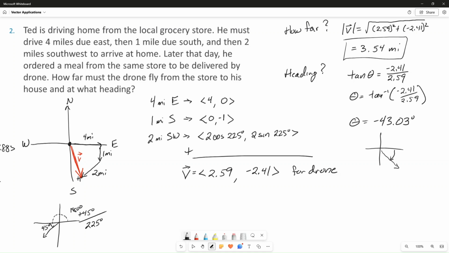So to convert this to a heading, we could say the vector has to travel east 43.03 degrees south. Or if we wanted to combine that with 90, so 90 minus 43.03, we would get south 46.97 degrees east. So either of those would be acceptable.